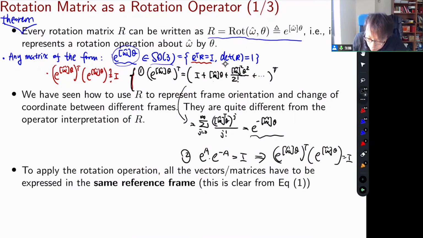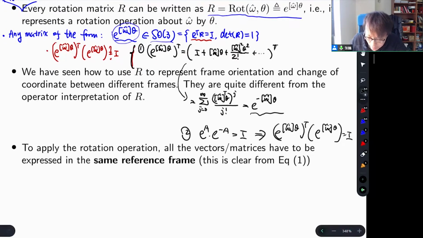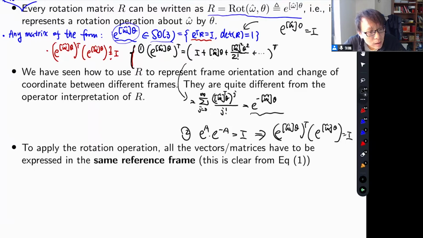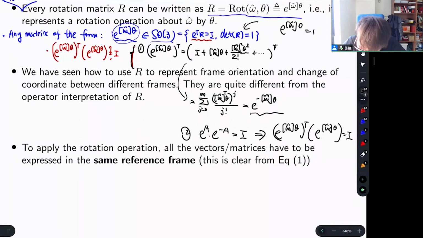The second one: we also need to show that the determinant of R is 1. This is a little bit tricky, I think. First of all, E to the omega hat times 0 is identity, right? Theta is a scalar, and if I put 0, then it's E to the zero matrix, which is identity.